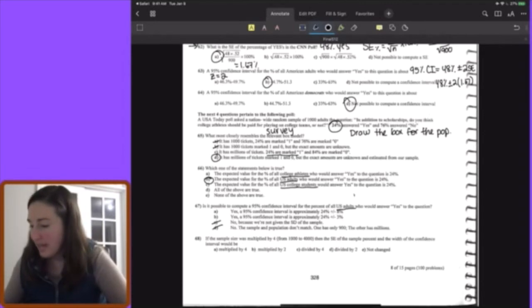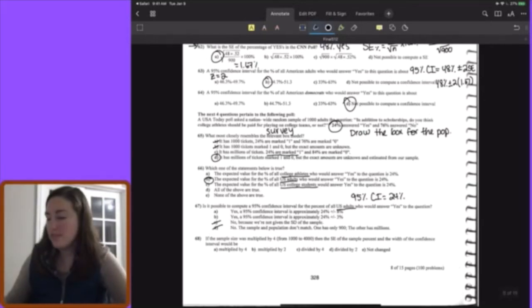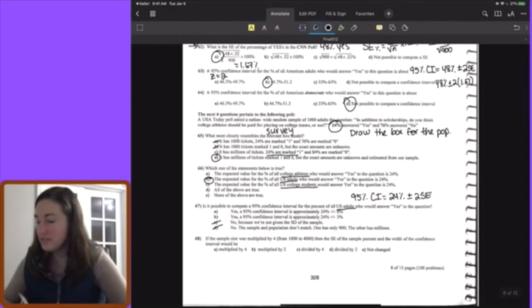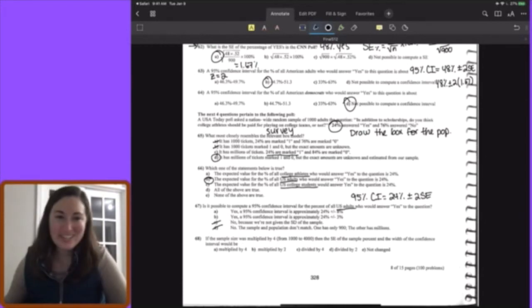So I would create a 95% confidence interval for the 24% that I got. I know I'm going to add and subtract 2 standard errors, because again, 95% corresponds to a z-score of 2. And to do that, I need to calculate the standard error.